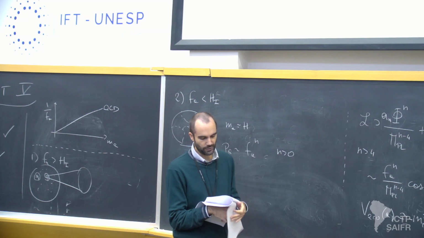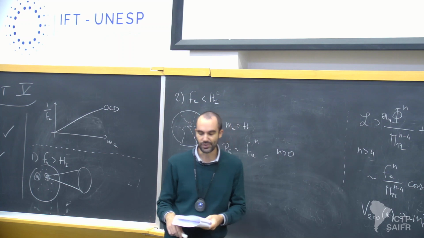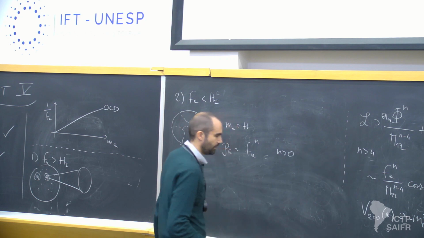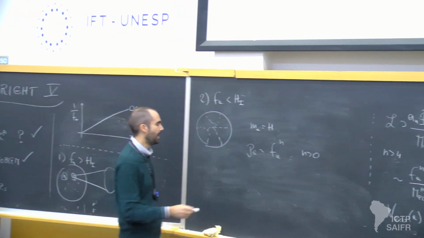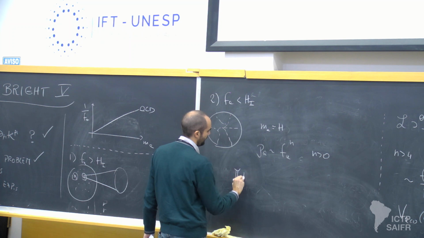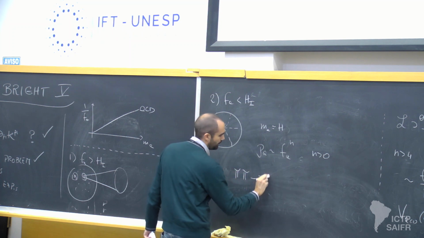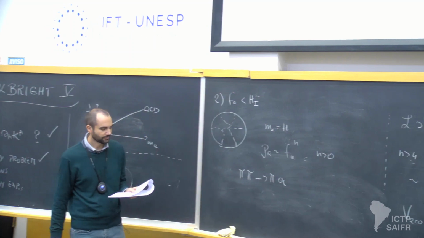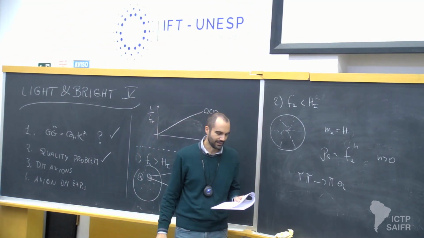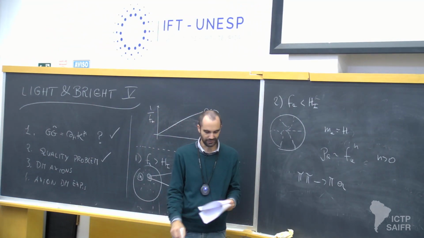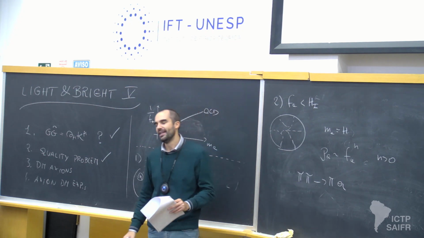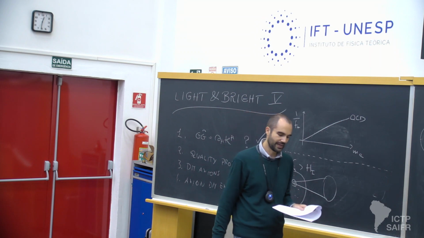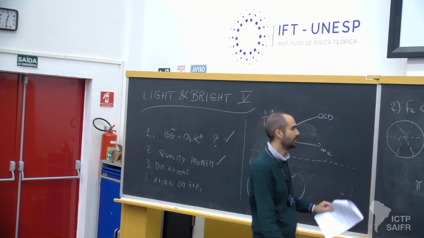In principle, you can also produce these particles thermally. For example, we've seen yesterday that this object mixes with the pion, so we're going to have processes like this, for example, below the QCD scale. I leave you as an exercise the calculation of the relic density from these processes, and you will see that if the axion is lighter than 1 electron volt, these are negligible.